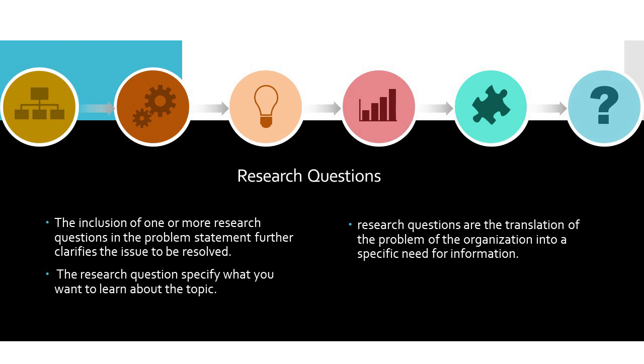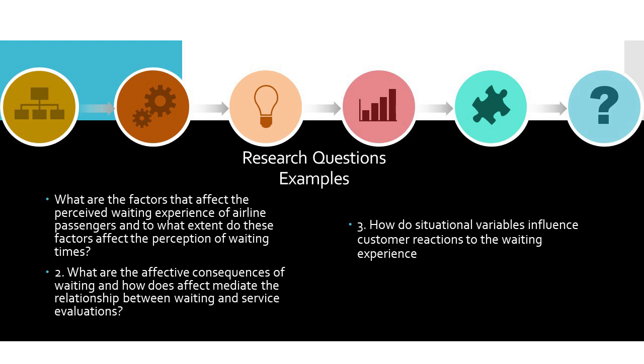So now let us talk about a few examples of research questions. Number one is, what are the factors that affect the perceived waiting experience of airline passengers, and to what extent do these factors affect the perception of waiting times? So the question basically starts with the question word and it clearly identifies your problem.